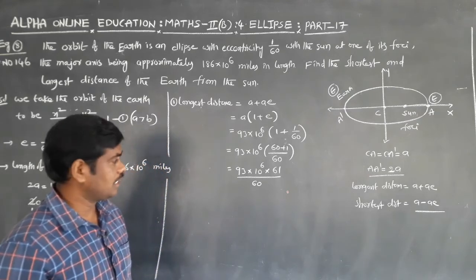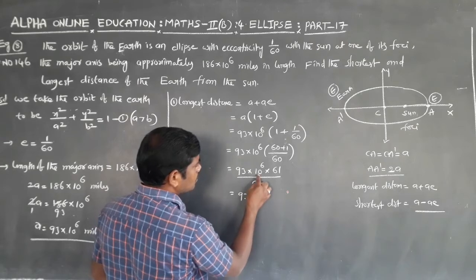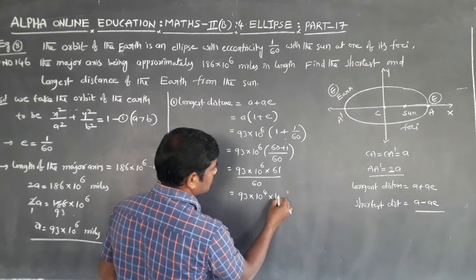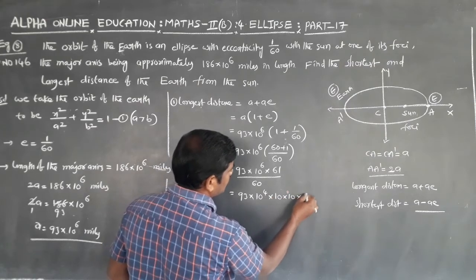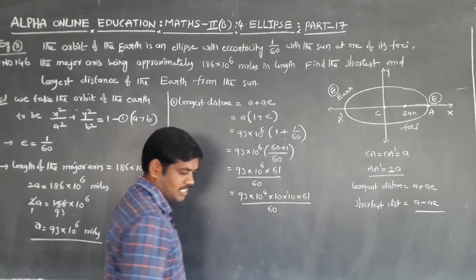Simplifying, 93 into 10 to the power of 6 is written as 10 to the power of 4 into 10 into 10 into 61 by 60.